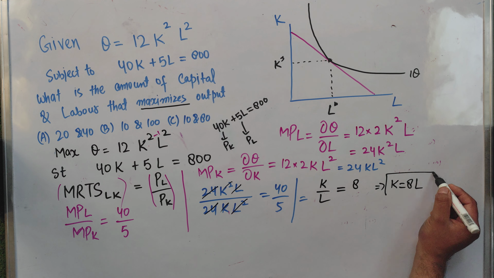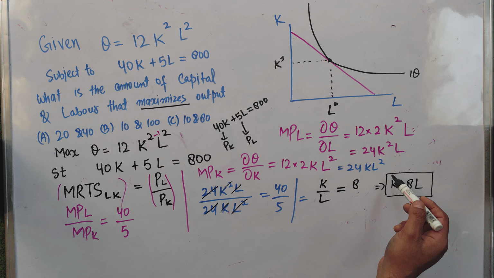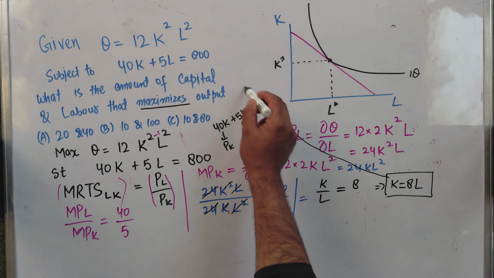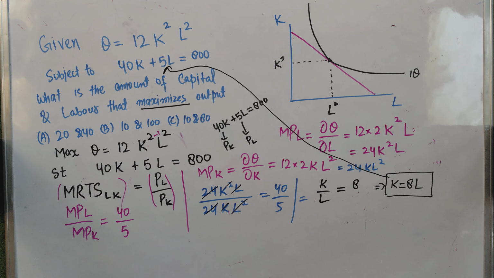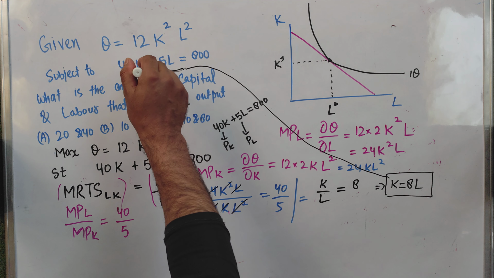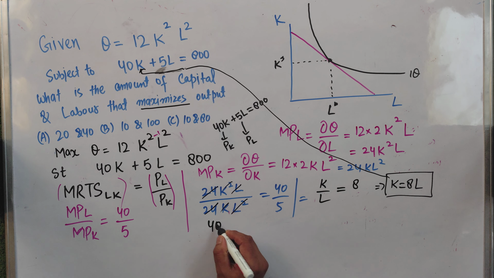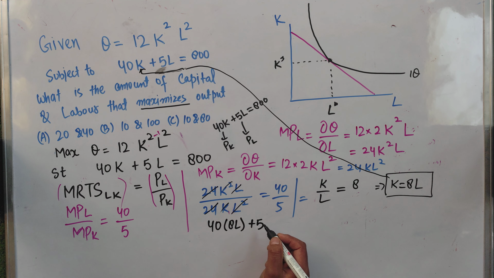Now we simply plug this equation back into the budget constraint, our production constraint, to find the optimal combination of K. So we have 40 times 8L plus 5 times L equal to 800.